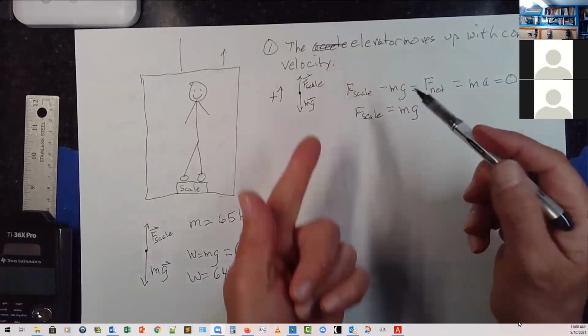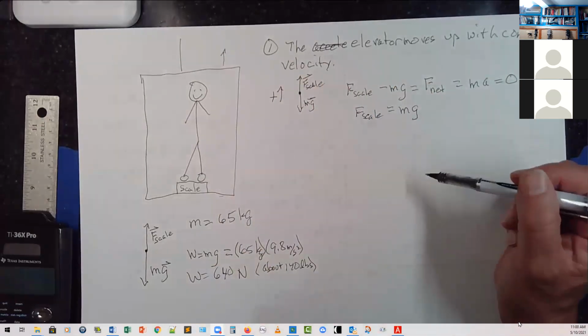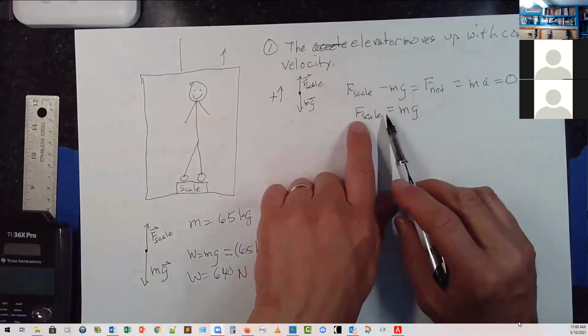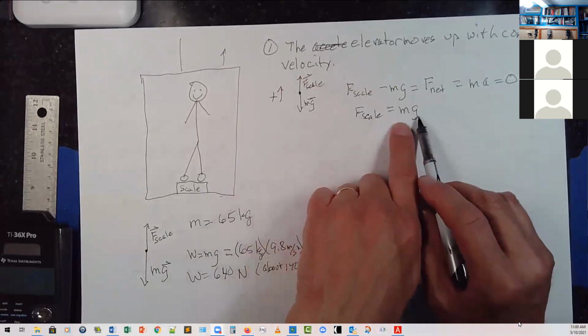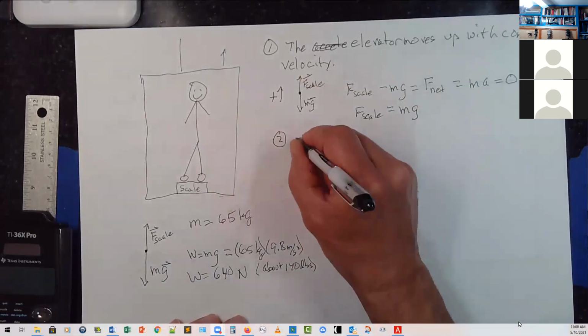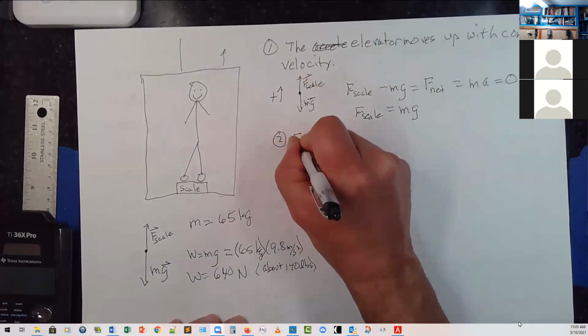The same thing would happen if the elevator was moving down with constant velocity. I'd have a net force of 0, and the force of the scale would equal mg. So for example, situation 2, elevator moves down, constant velocity.